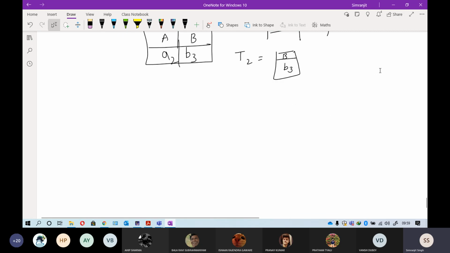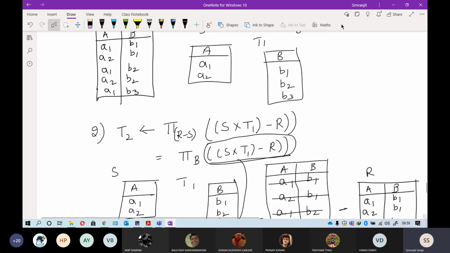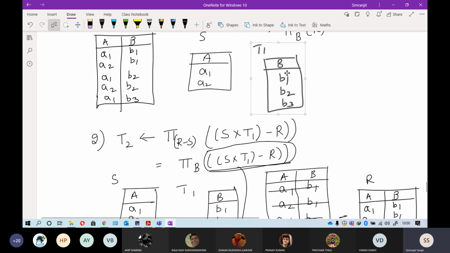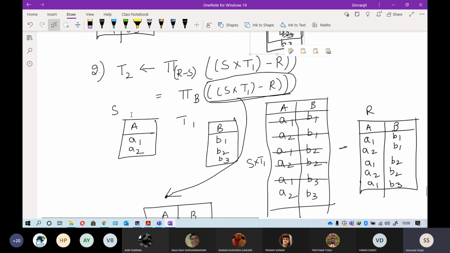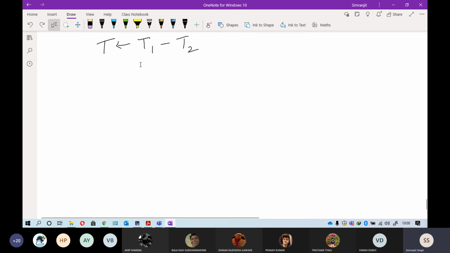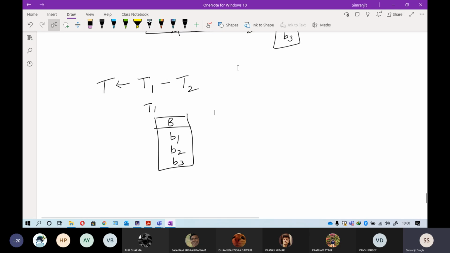The third step is very simple. You just have to do T1 minus T2. So this will be your answer table. It will be given as T1 minus T2. What is T1? T1 is I think B1, B2, B3. This is the T1 that you got in the first step. And whatever you got in the second step, you just have to subtract it. Again, they can be subtracted because they have the same degree as well as the same data type.